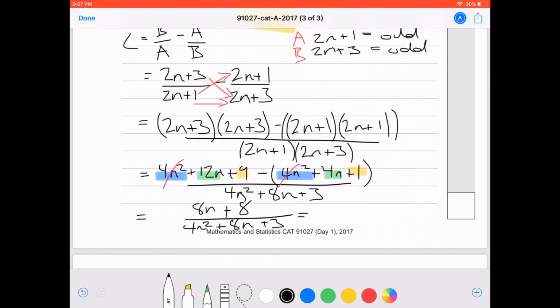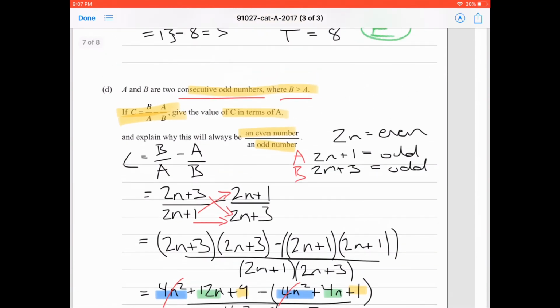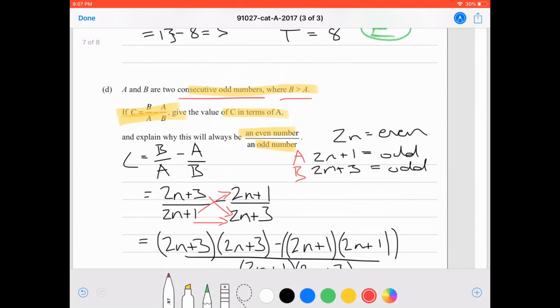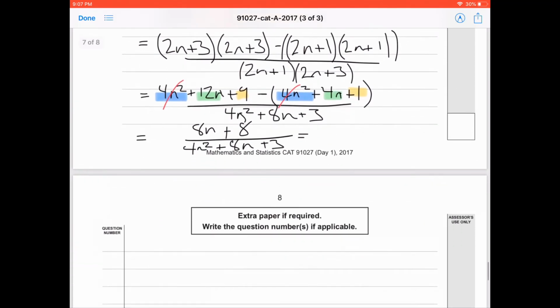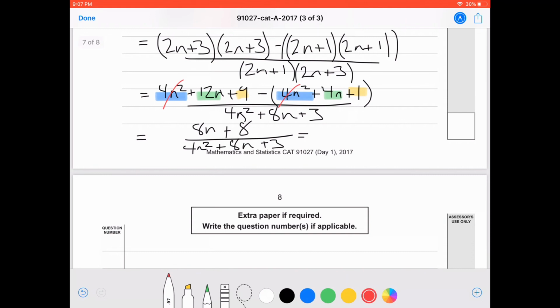Let's just look at what the question's asking us to prove. Explain why this will always be an even number over an odd number. Well, if we look at our final fraction here, looking at the numerator, we've got 8n plus 8, and you will find that if you multiply any number by 8 and then add 8 to it, that will be even. You could test it. And the denominator is 4n squared plus 8n plus 3.